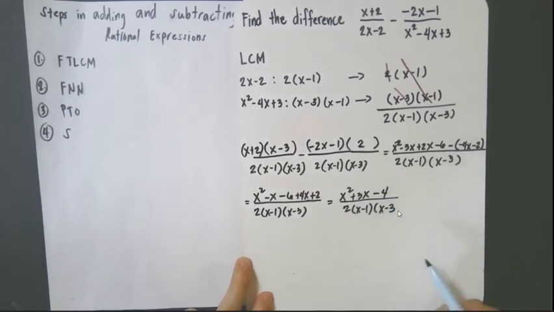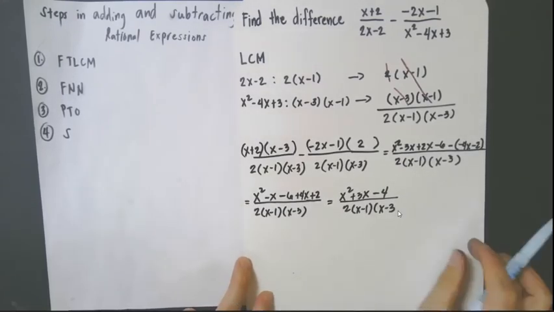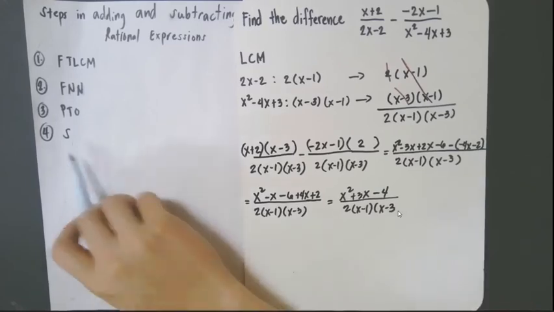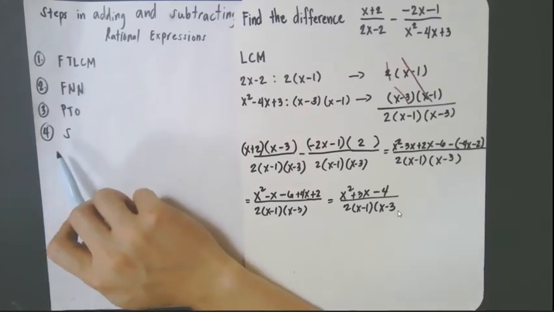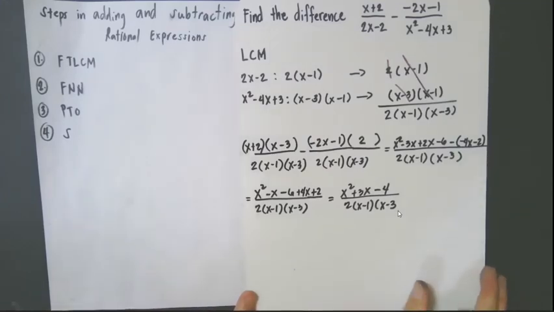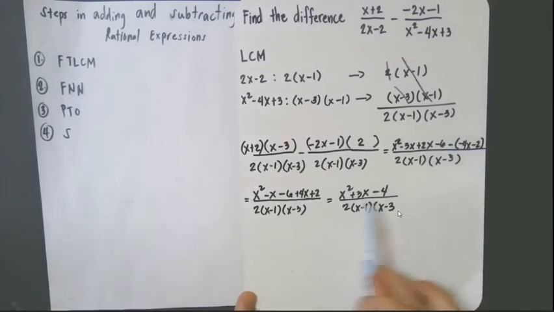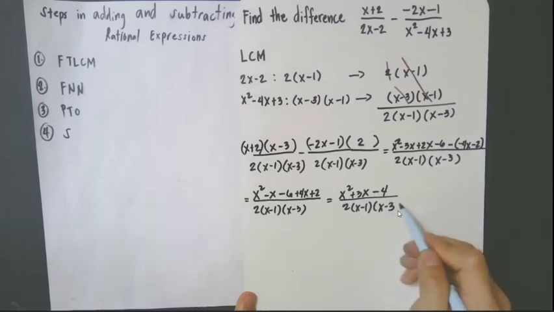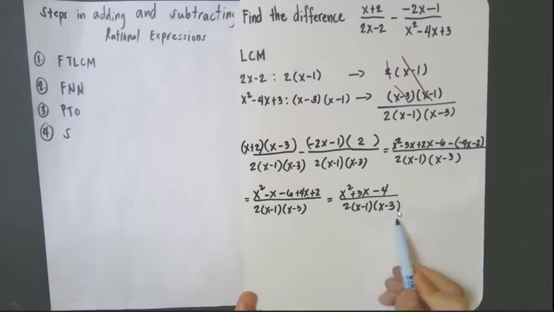Now, for some, they might say that this is already the final answer. But I want to check because step 4 is simplifying. So we need to simplify if possible. So I think there's a possibility because this is a quadratic expression. And here we have two factors of quadratic expression. So let me factor that out.